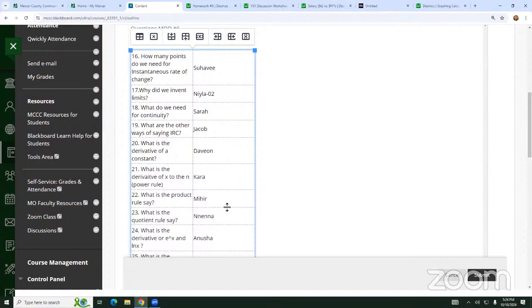Denominator times the derivative of the numerator, minus numerator times derivative of the denominator, over denominator squared. Yeah, that's good enough.